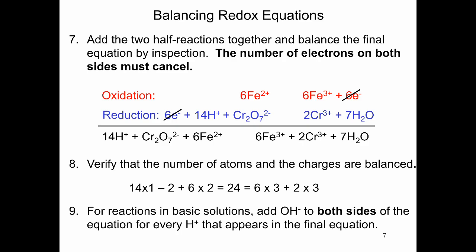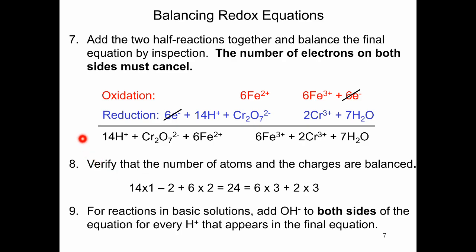So how do you do that? You add hydroxide to both sides of the equation. For example, given this reaction in acidic medium, if this one occurs in a basic medium, and you have 14 hydronium ions here, you just add 14 OH- on this side of the equation and another 14 hydroxides on this side.